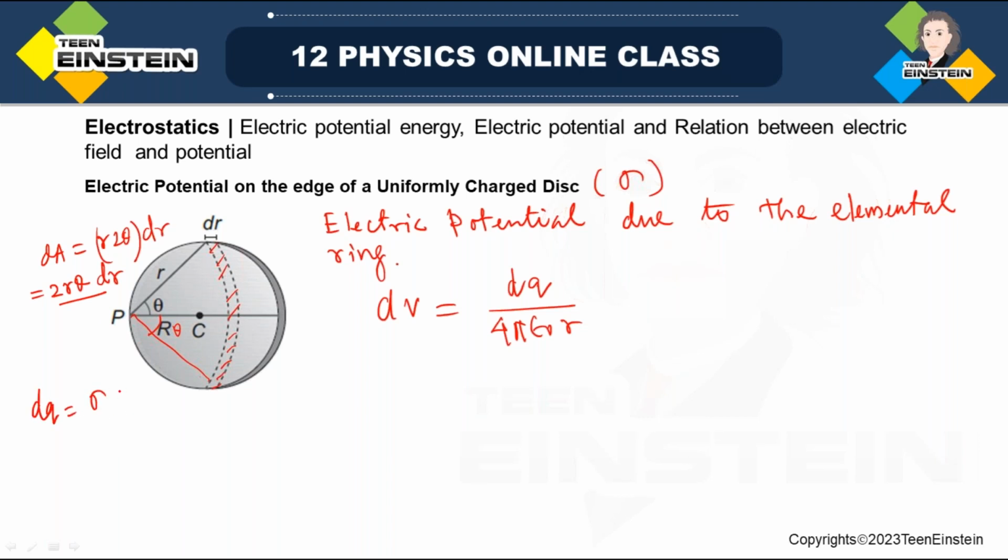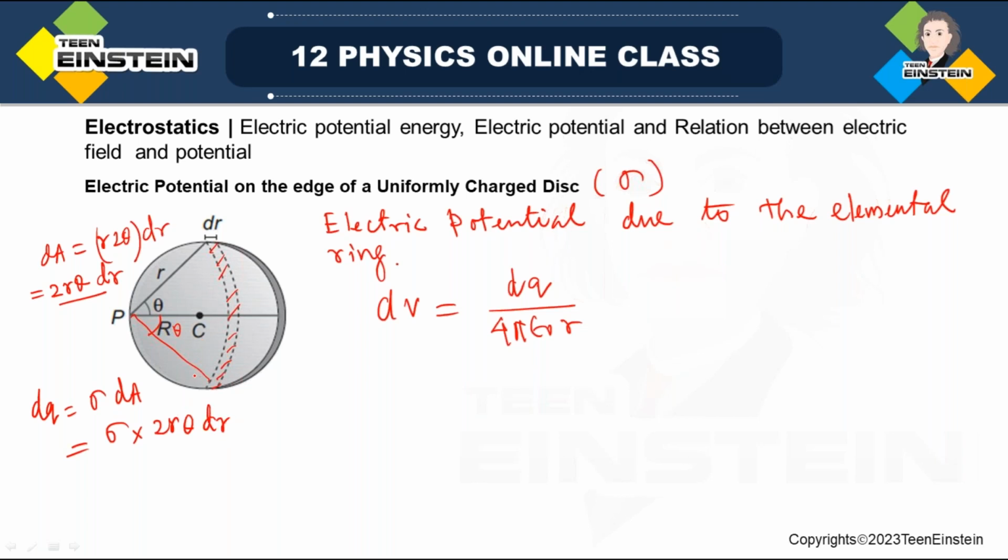Now how do we find dq? dq is sigma into dA, where sigma is the surface charge density. So dq is sigma times 2r theta times dr. I hope you have understood this.